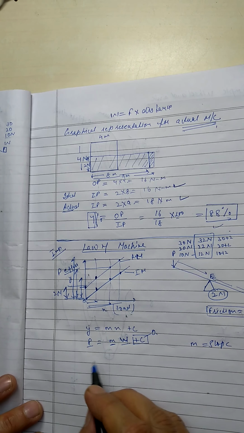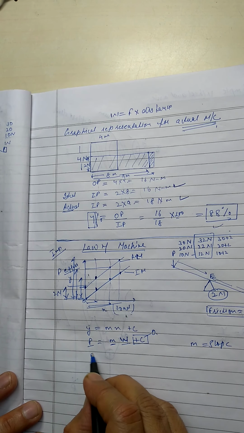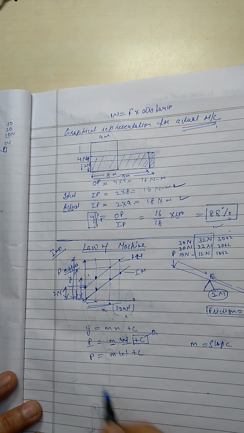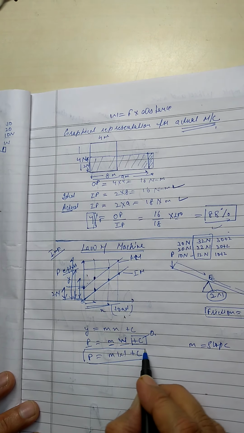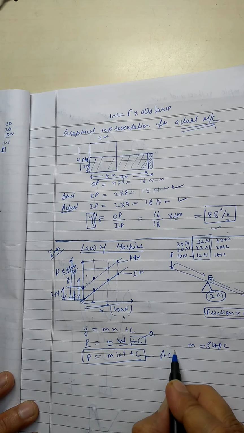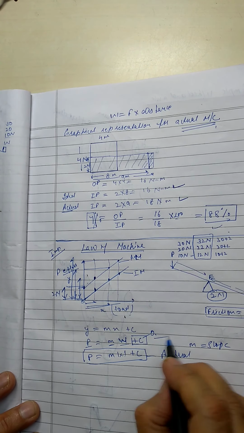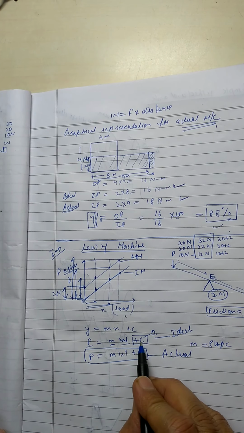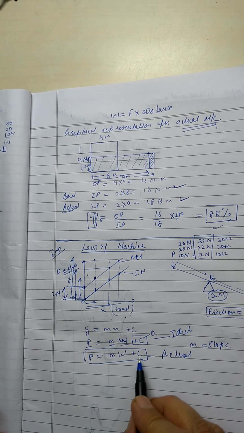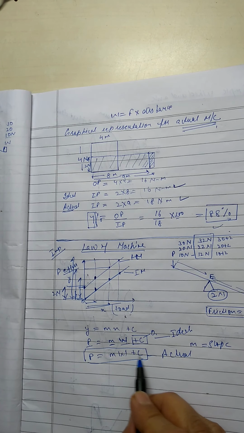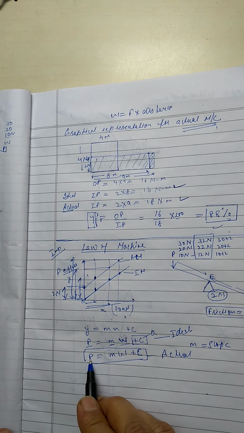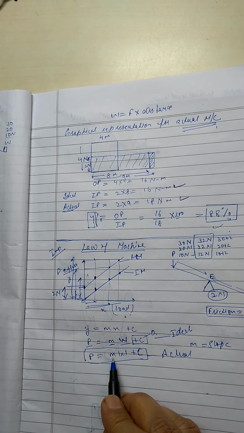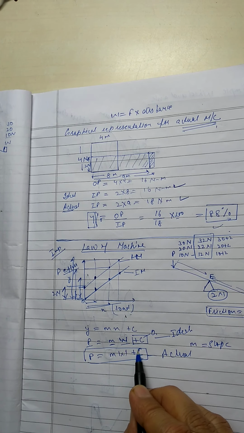For this graph, the equation will become P is equal to mW plus C. This is the equation for actual machine, and this is for ideal machine. In ideal machine the C becomes 0, but in actual machine it has some value for C. Now in this, P is the effort applied, W is the weight lifted, m is the slope of the line, and C is a constant.